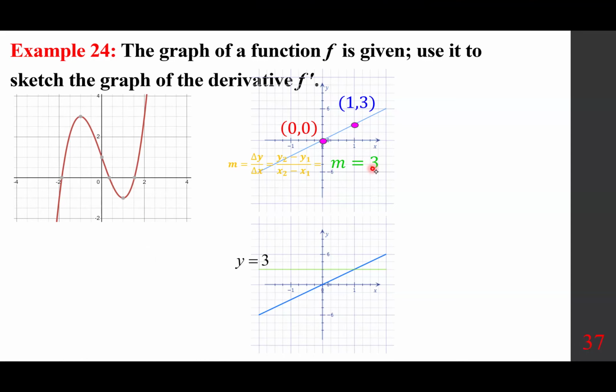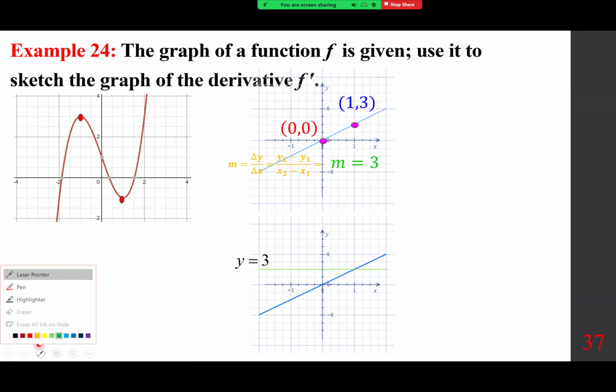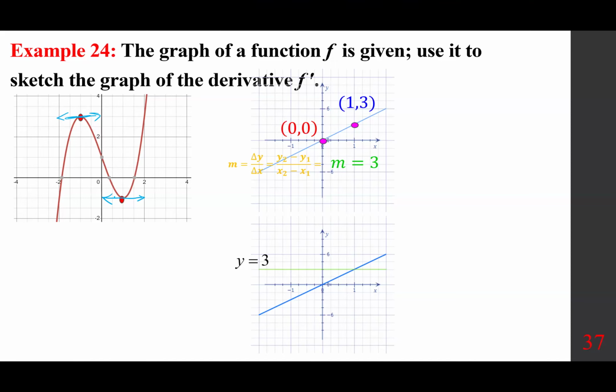There are points that we have as peaks and valleys. Normally, this means you have a local max or local min, and they correspond to 0 on the graph of f prime.